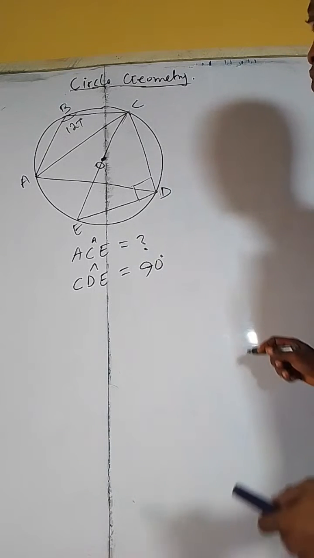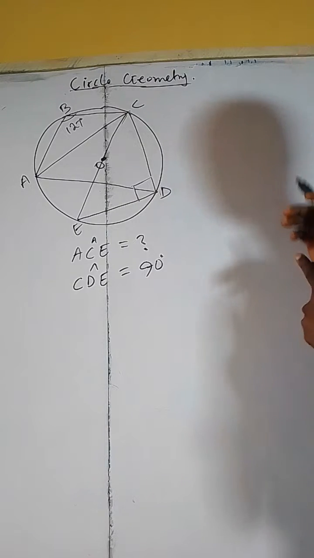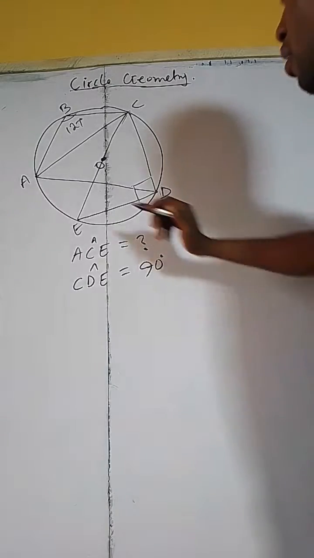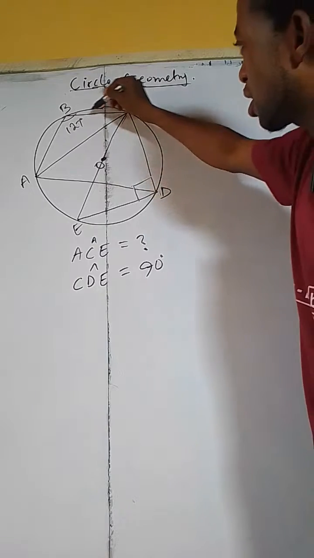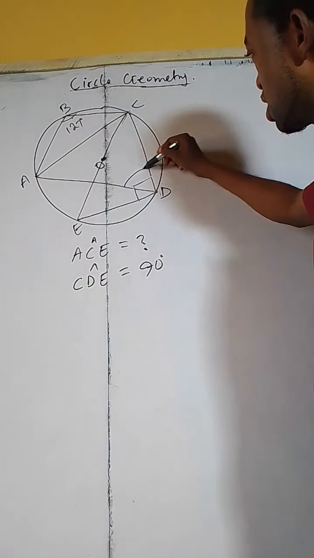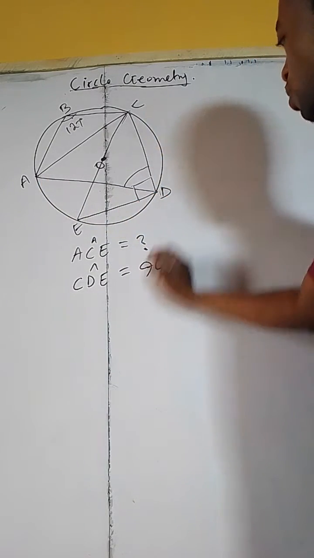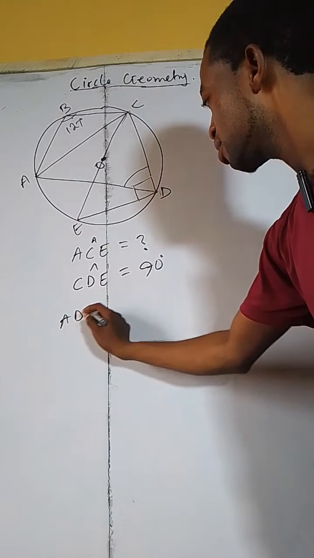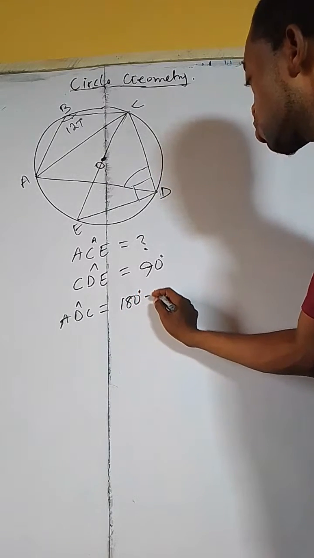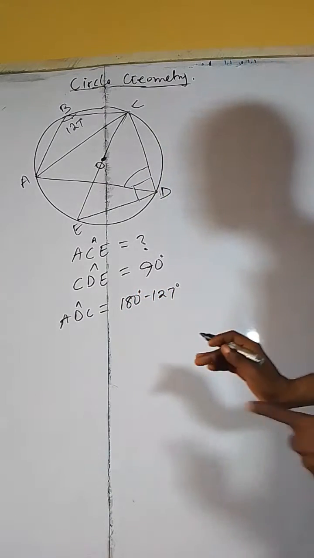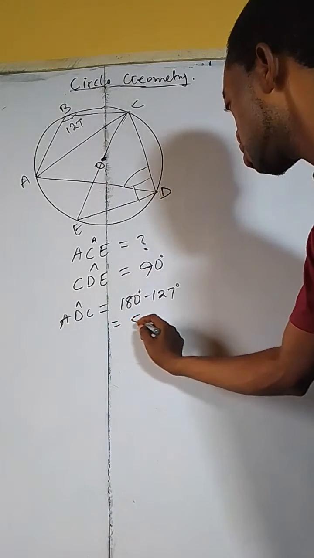Then, what is important again from here is that we have a shape like a cyclic quadrilateral. From here, we see ABCD is a cyclic quadrilateral, and B here is opposite to D here, which is angle ADC. So I can say that angle ADC will be equal to 180 degrees minus 127 degrees, because these two must add up to 180 degrees, which gives us 53 degrees.